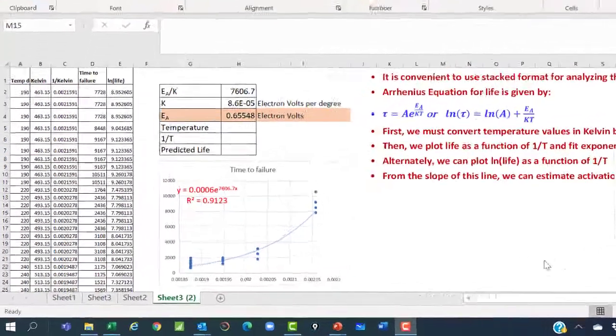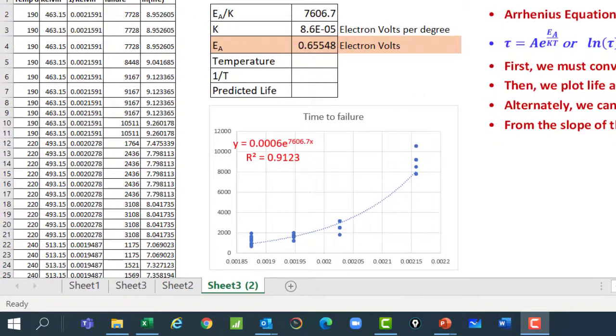To determine the estimated life at 160 degrees Celsius, we must first convert this temperature into Kelvin. For that we add 160 plus 273.15, and we also need to take reciprocal of this to use it in the equation.